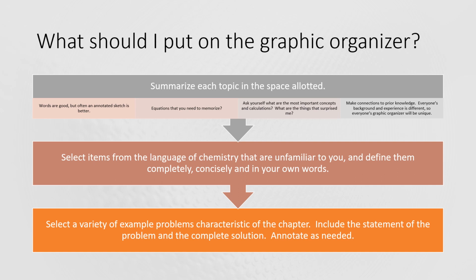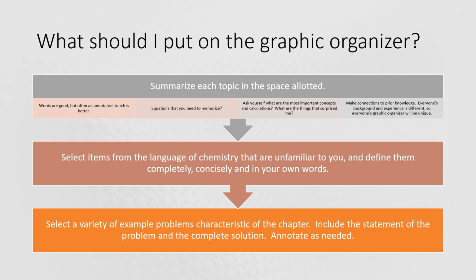On the back side of the graphic organizer, I ask for vocabulary words and for example problems. When you do the vocabulary words, make them your own. Pick words from the chapter that somehow surprised you.